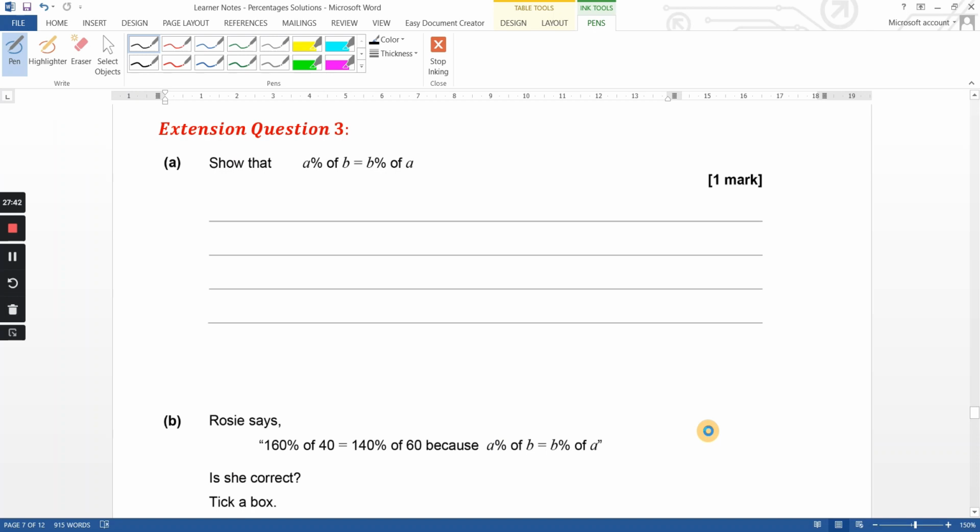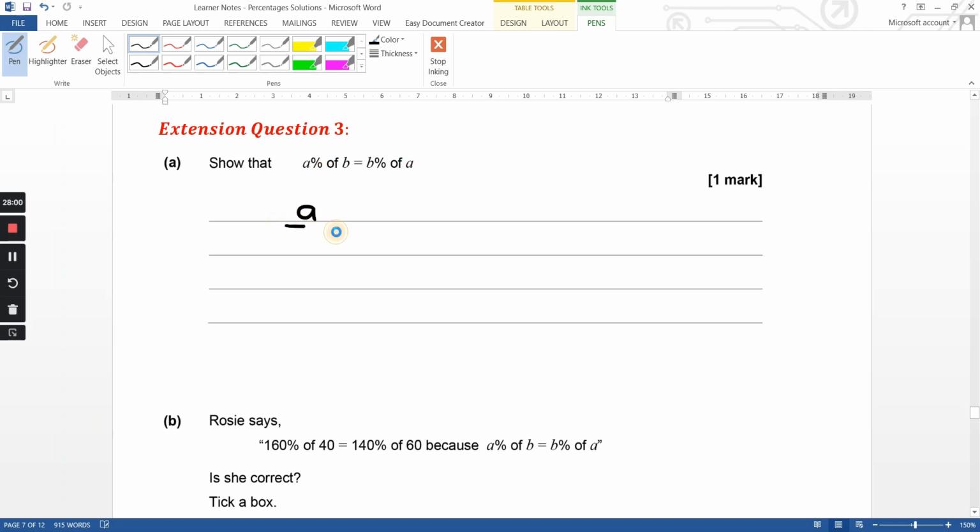Extension question 3, part A says, show that A% of B is equal to B% of A for 1 mark. Well, okay. Well, percent literally means out of 100.